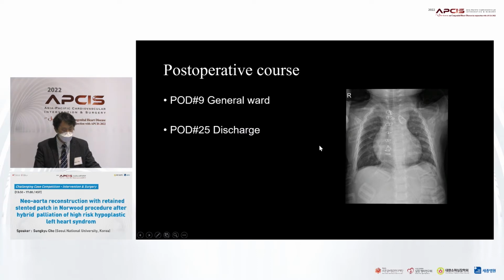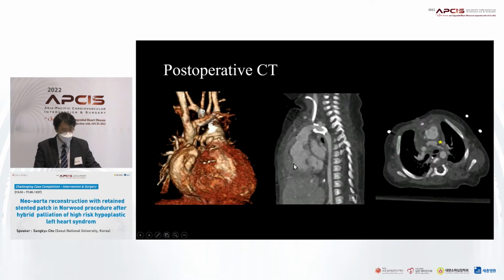Post-operative course was good, and post-operative CT showed a well-formed anastomosis of the original aorta to the neo-aorta and arch here. The geometry of the arch is good without any stenosis of the bronchus and great vessels. But the left side pulmonary artery was small.